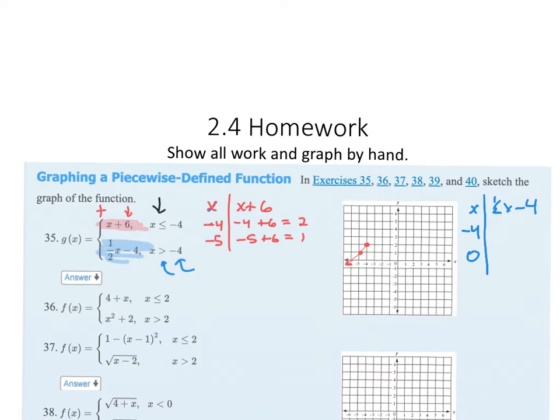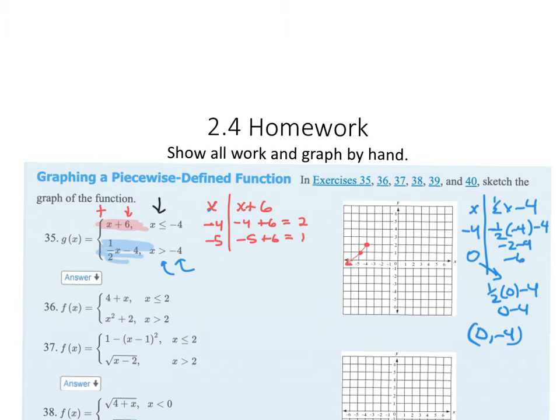It'll have the least amount of work. So I'm plugging in 1/2 of -4 minus 4. Half of -4 is -2, minus 4, and I get -6. Then when I plug in the 0, half of 0 minus 4, 0 minus 4, and I would be graphing the ordered pair 0, -4.